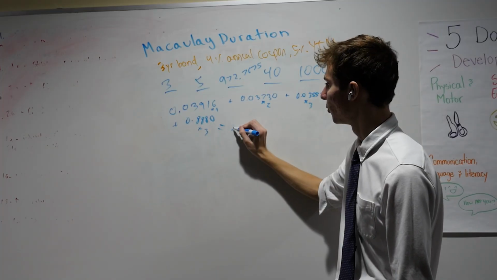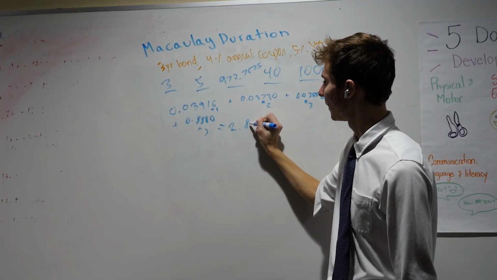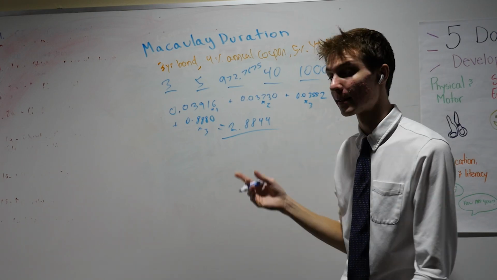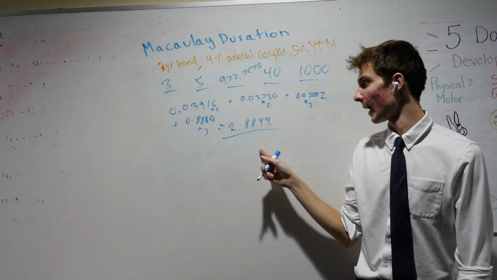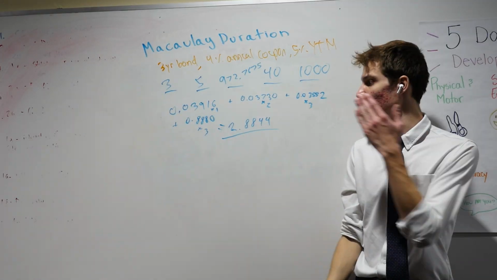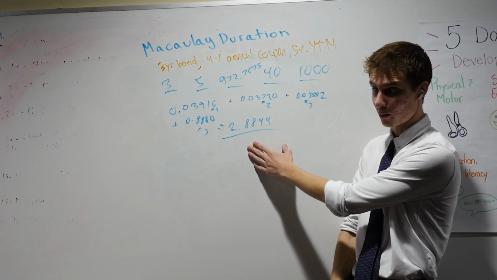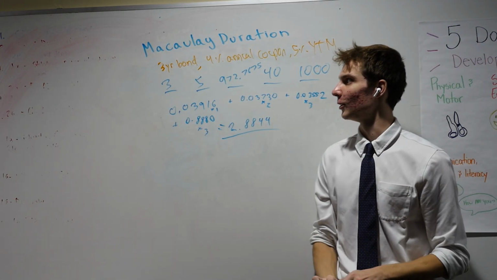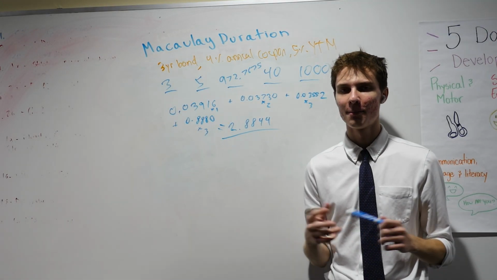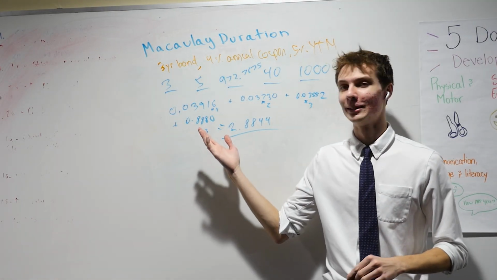You get 2.8844, and that's the Macaulay duration. 2.8844 for this problem. You're going to notice that you can never have a longer Macaulay duration than the actual bond.